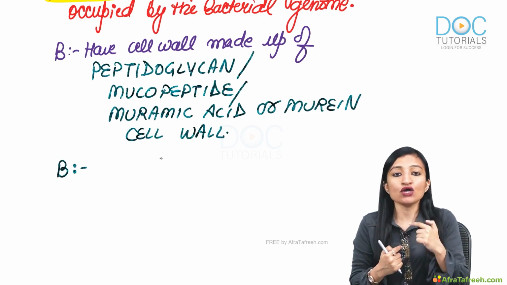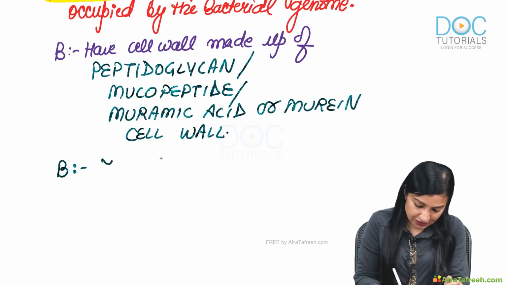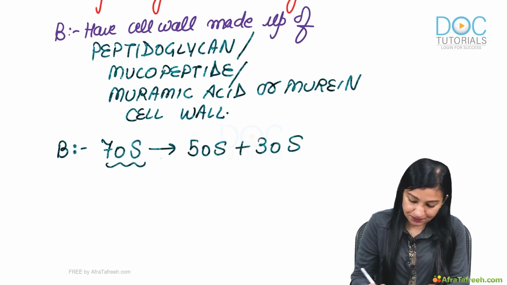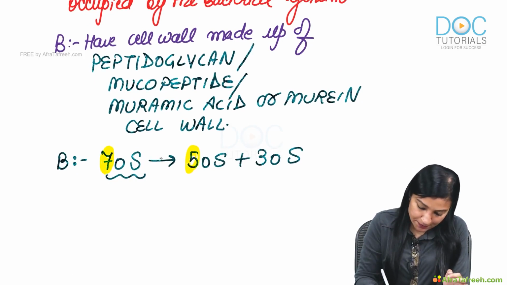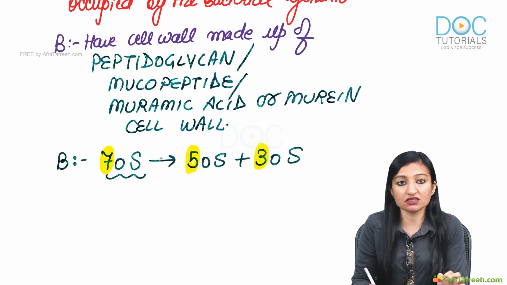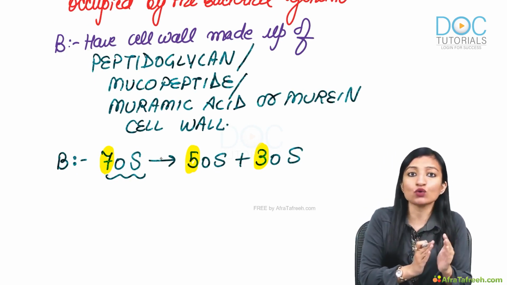You know why? Because bacteria have prokaryotic ribosomes which are 70S, made up of 2 subunits, 50S plus 30S. So remember 7, 5 and 3. These are odd numbers, and bacteria are prokaryotes. They are the odd fellows out.